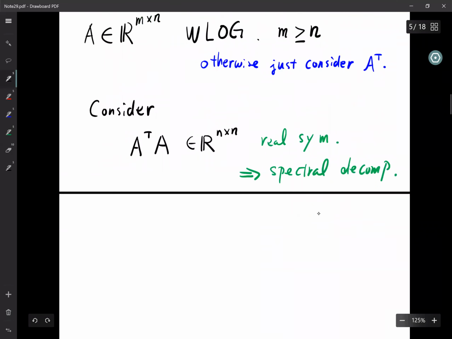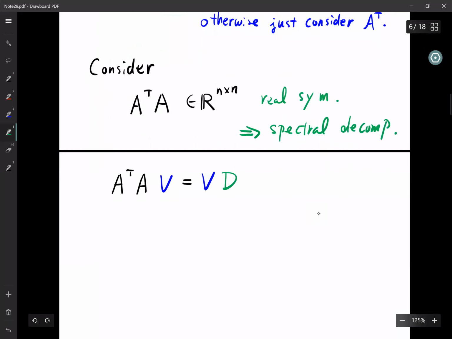Let's do that. It's guaranteed that there exists an orthogonal matrix V such that A transpose A V equals V times D. So we have V transpose V equal to I_n, and D is a diagonal matrix.